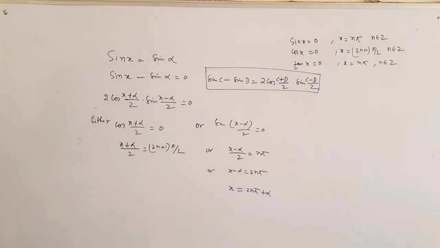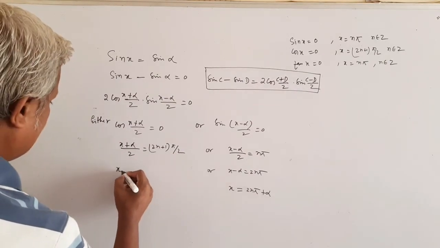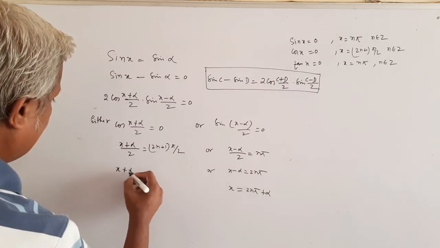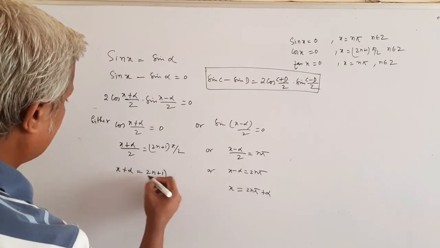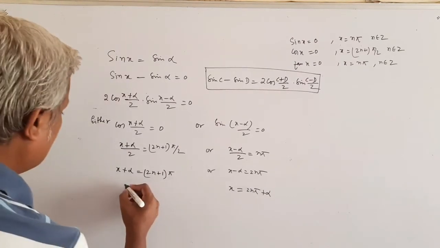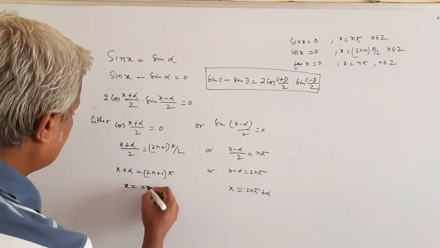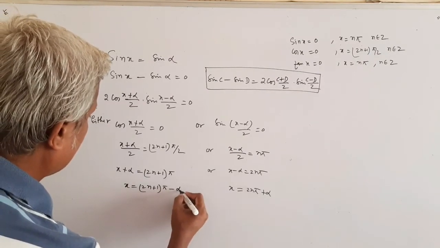These two lines, and now if I just cancel these two, I'll get x plus alpha equals (2n plus 1) pi. So you'll get x is (2n plus 1) pi minus alpha.